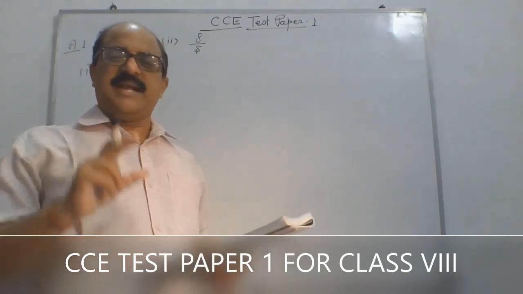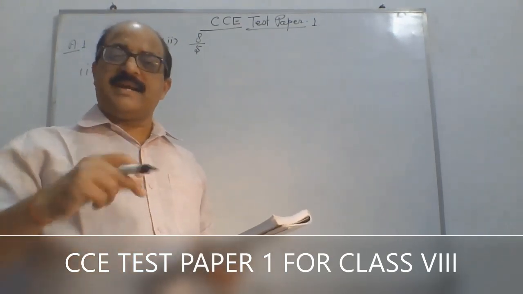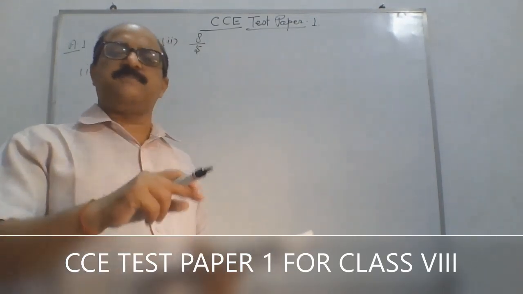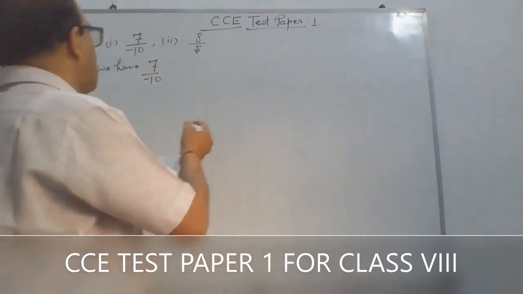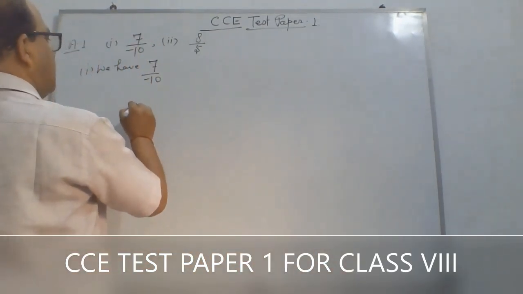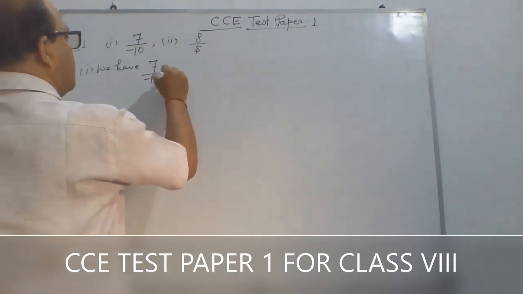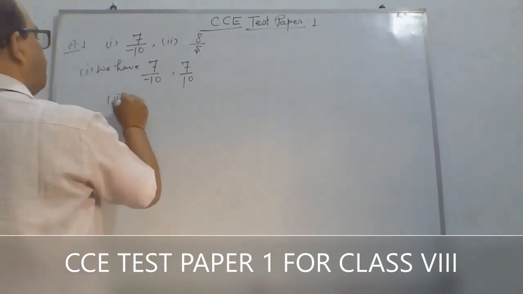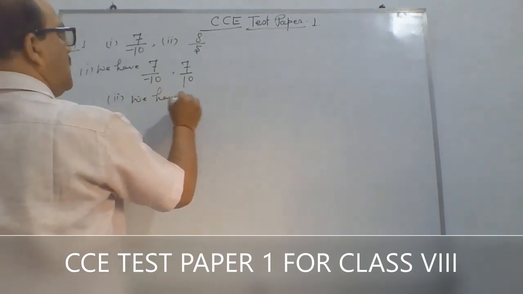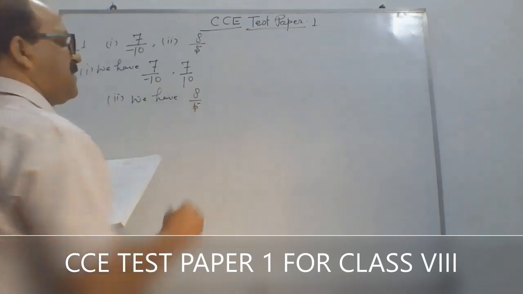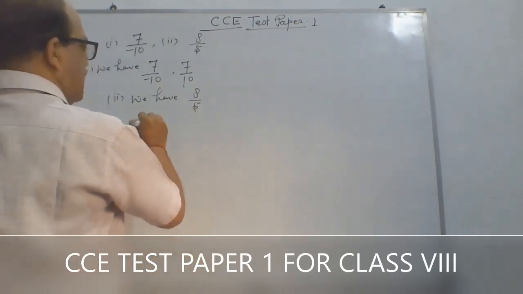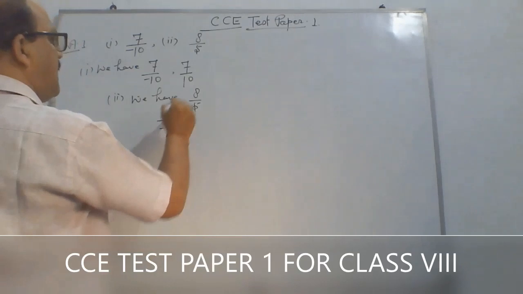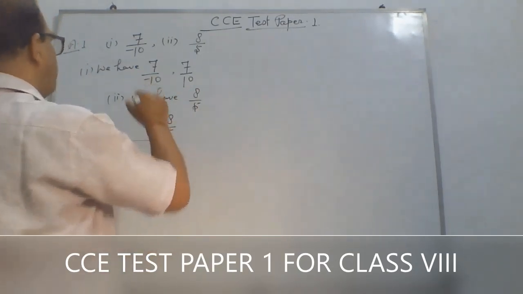As we know, when the question asks for the additive inverse, a negative rational number will change into a positive rational number, or a positive rational number will change into a negative rational number. So for 7 by minus 10, the positive rational number is 7 by 10. And in the second, we have 8 by 5, which is a positive rational number, so the negative rational number is minus 8 by 5. This is the additive inverse of 8 by 5. The solution of question number 1 is here.